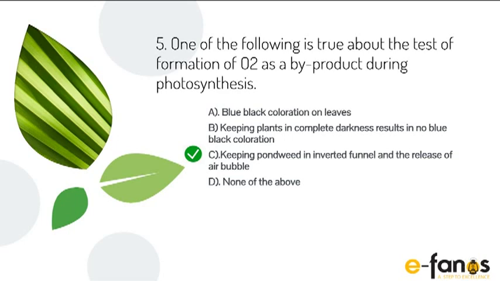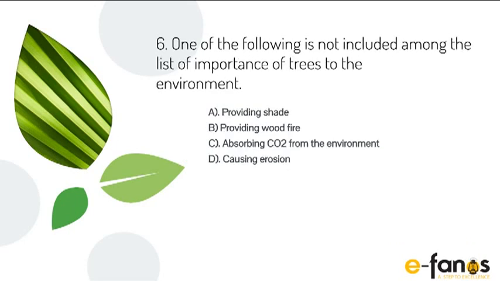Question 6. One of the following is not included among the list of importance of trees to the environment. Is it A, providing shade, B, providing firewood, C, absorbing CO2 from the environment, or D, causing erosion? And the correct answer is D, causing erosion.